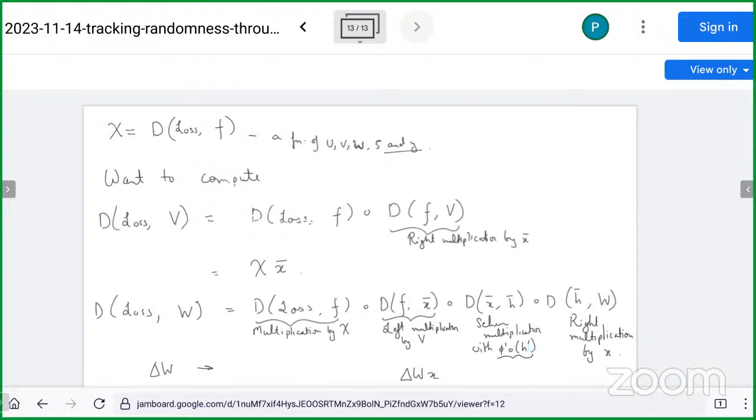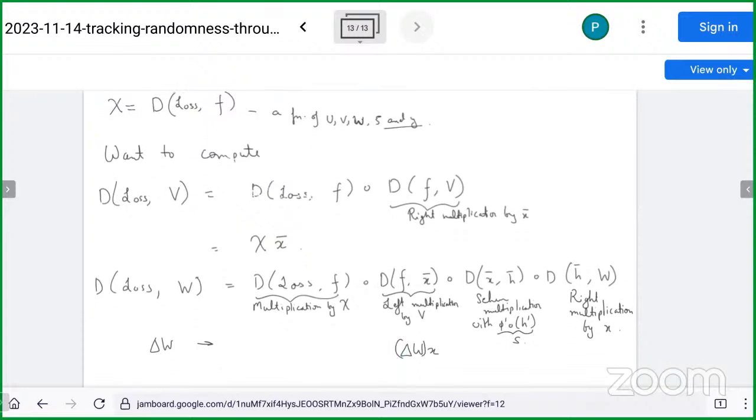Let's call this S. Then it's a Schur multiplication. So delta W times x, where delta W is an n cross n matrix, so that is an n cross n column vector. Then you're doing this. Just one second, something is not right.